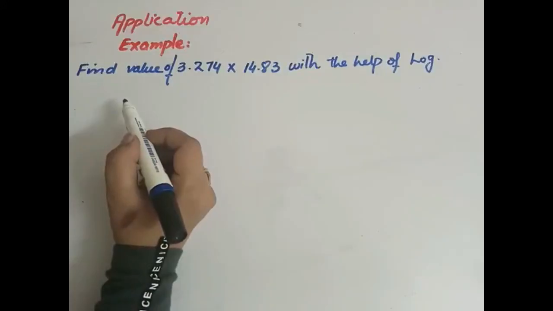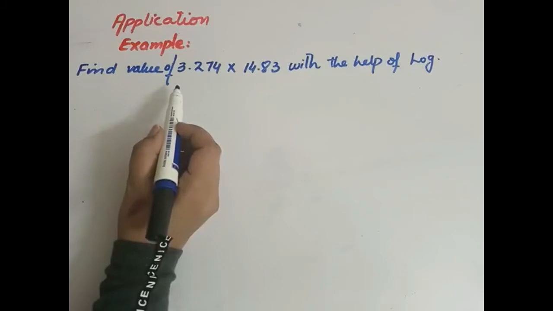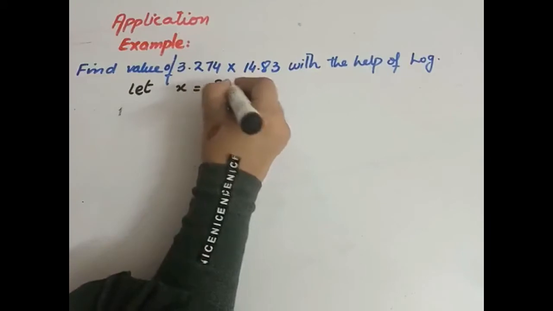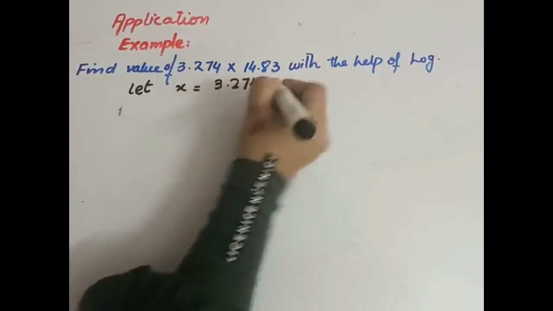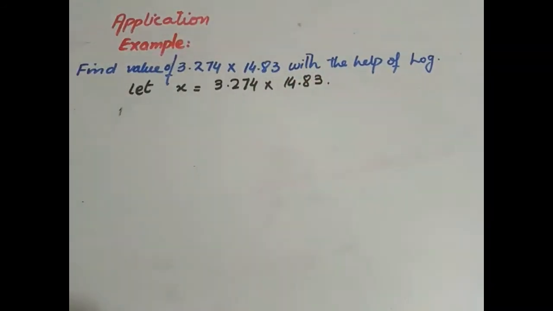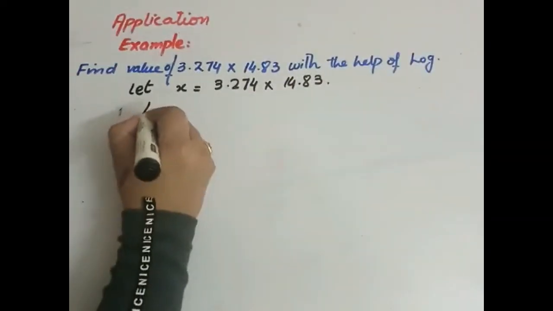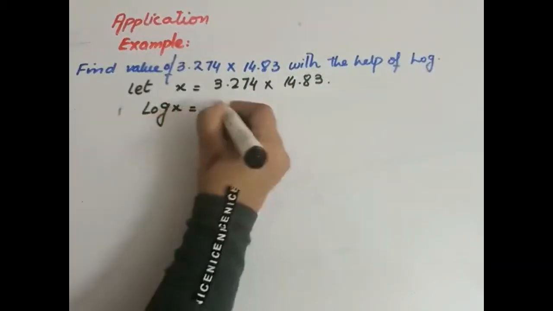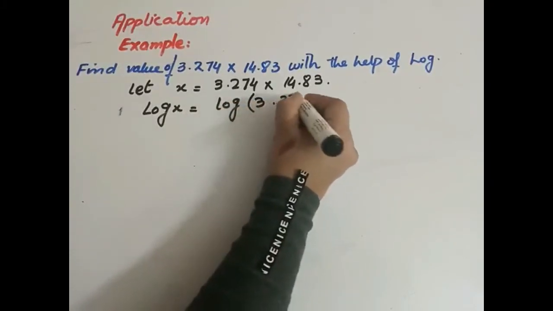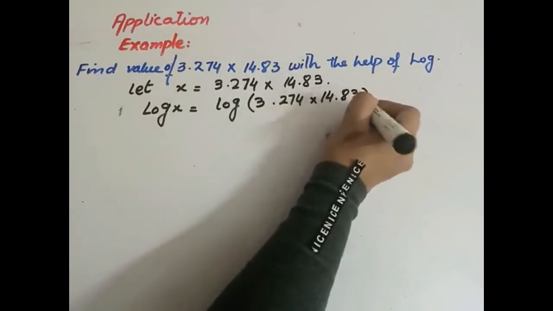Now the use of the first law of logarithm is explained through this example. Let x be equal to 3.274 multiplied by 14.83. Taking log on both sides, log of x is equal to log of 3.274 multiplied by 14.83.